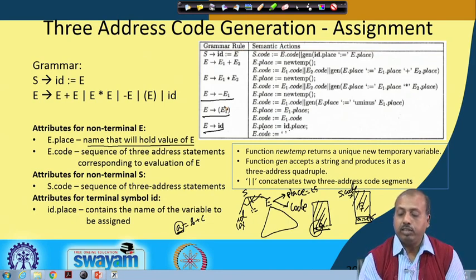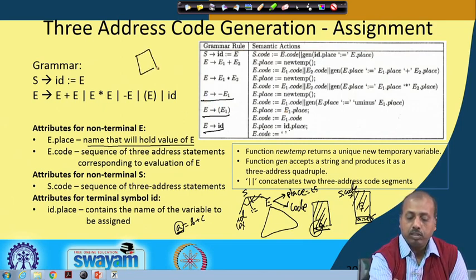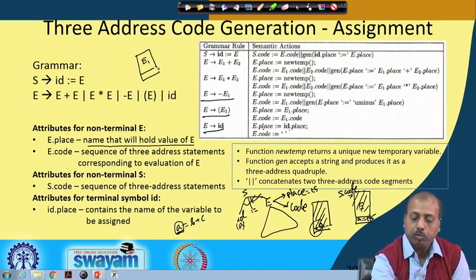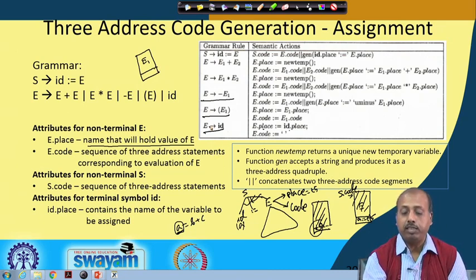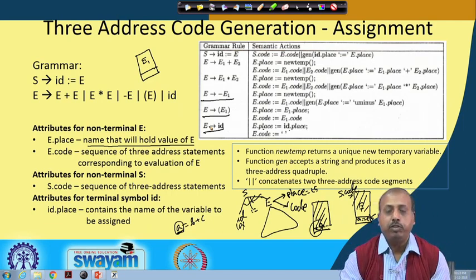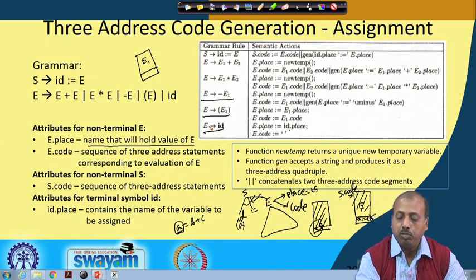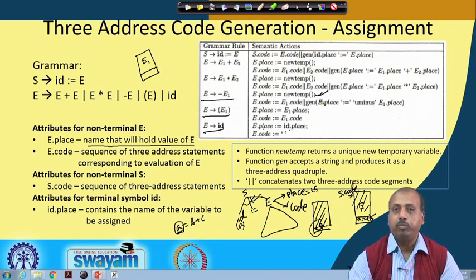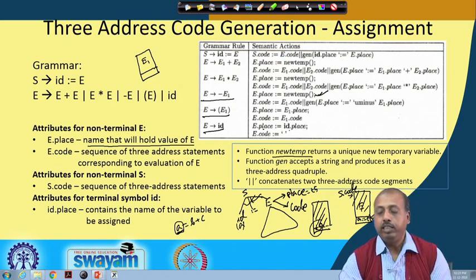For generating the code of E, first I have to include the code for E1, followed by a piece of code where I need a new E dot place, because whatever temporaries have been used in the computation of E1 cannot be used to hold the value of E. So, in this statement, we have made E dot place equal to new temp, where new temp is a function that returns a unique new temporary variable.